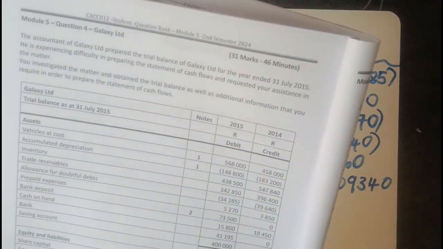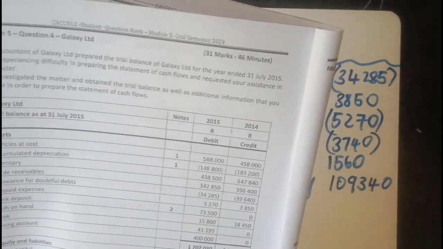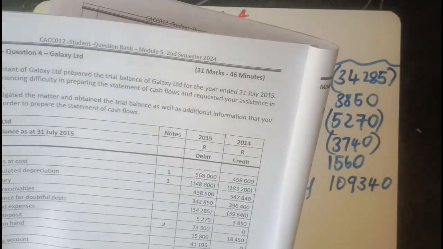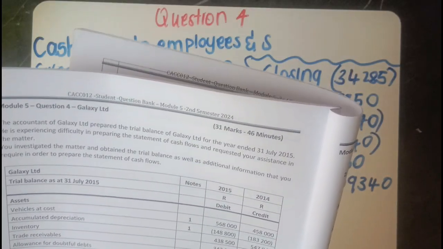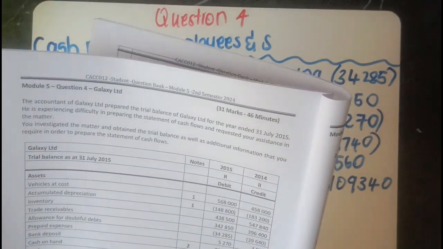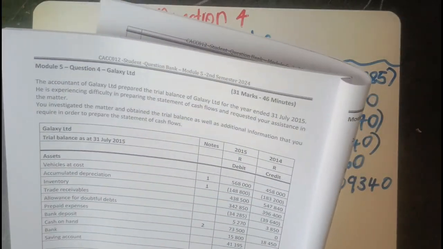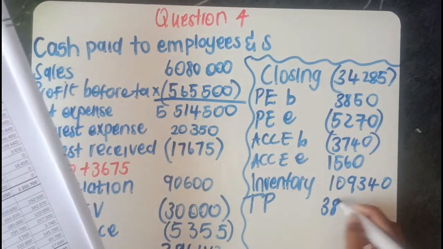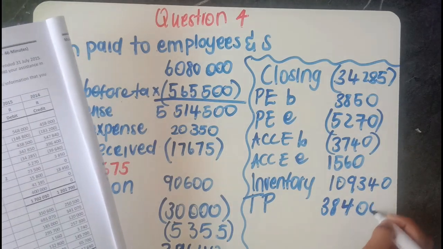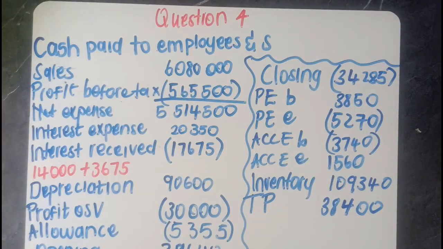Now let's move on to your trade payables. There is an increase in these two, so there being an increase, you'll have an inflow, meaning it's going to be positive as well. So you're going to check the difference of these two, which is 38,400, and then put the difference there.